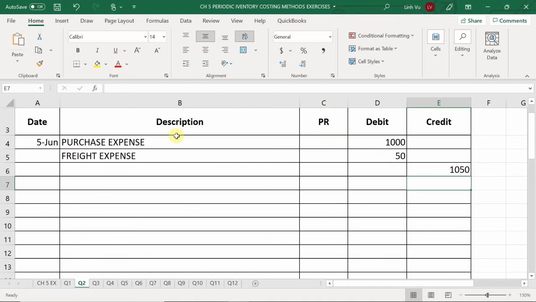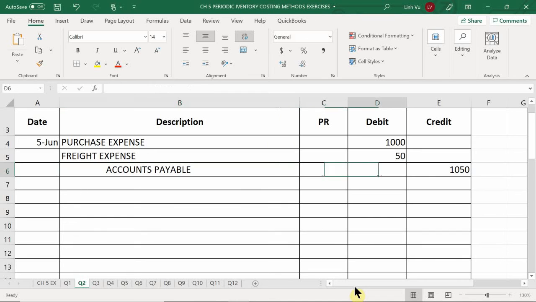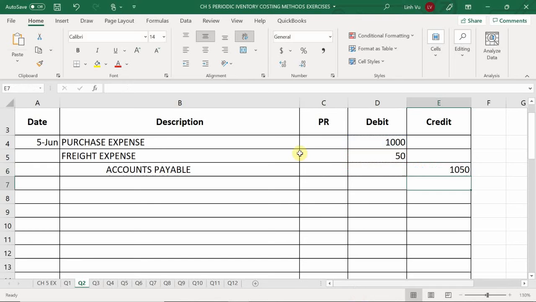So here we are, purchase expense for 1,000, freight expense for 50, and accounts payable for 1,050.